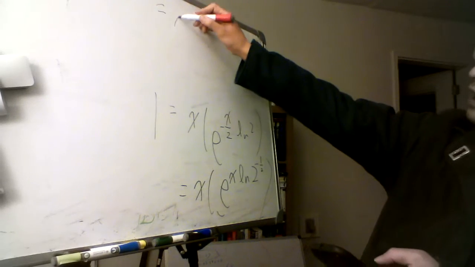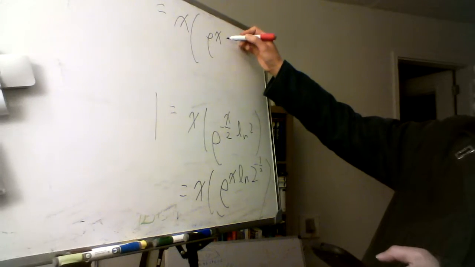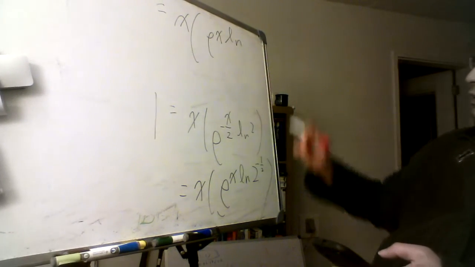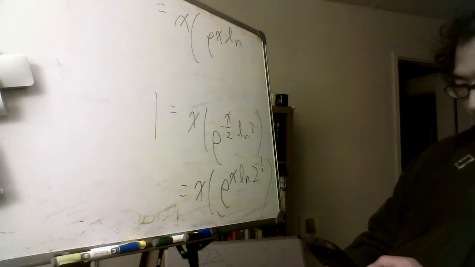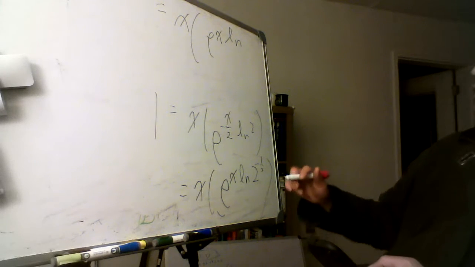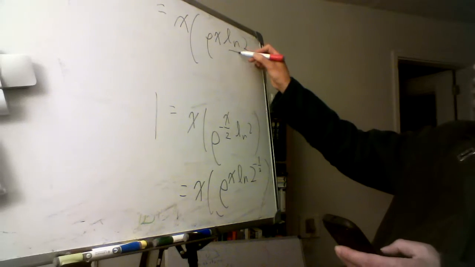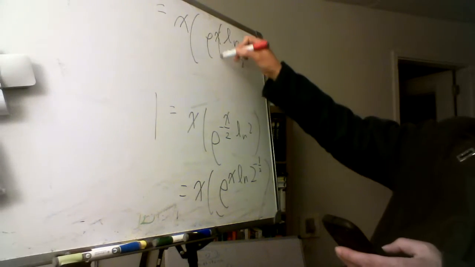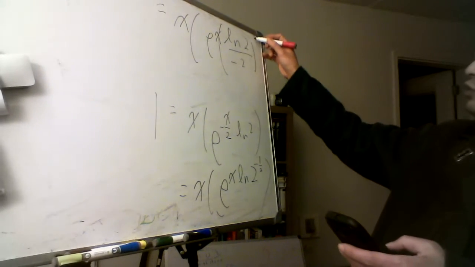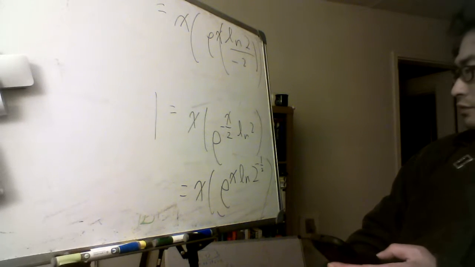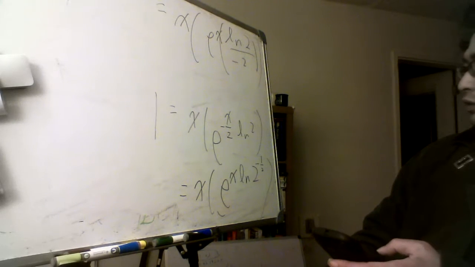It is equal to x times parenthesis e to the x ln 2 over 2 and minus. That's what he's saying, and I'm not sure if that's true. Maybe he made a mistake there.